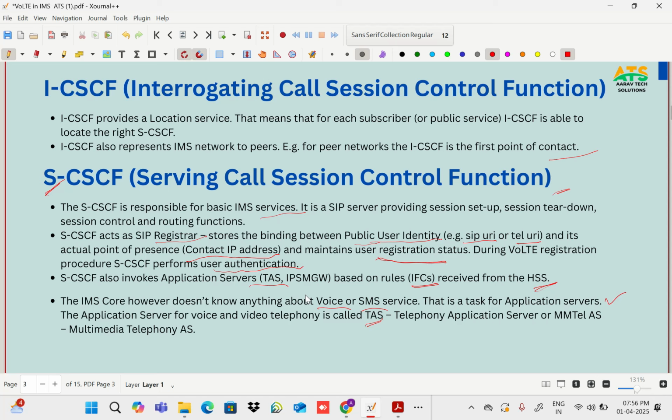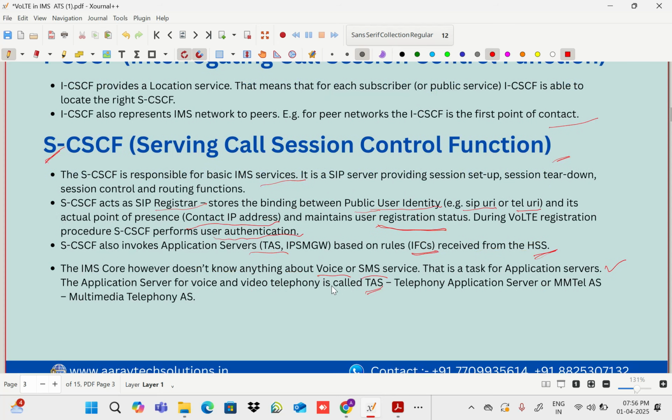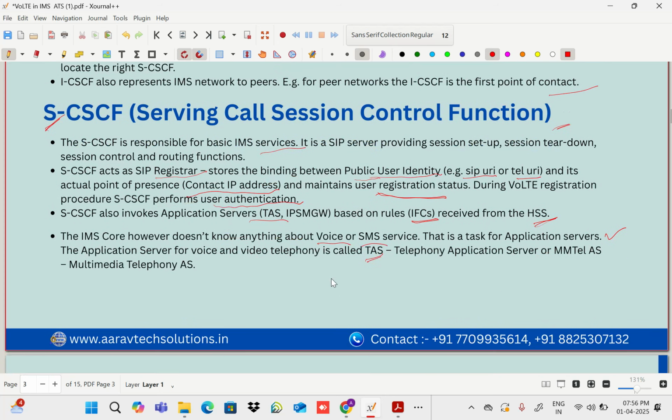So the PCSCF is the main function providing first contact to the UE, working like a gateway. It hides our network topology. It provides authentication to the user in the registration process.